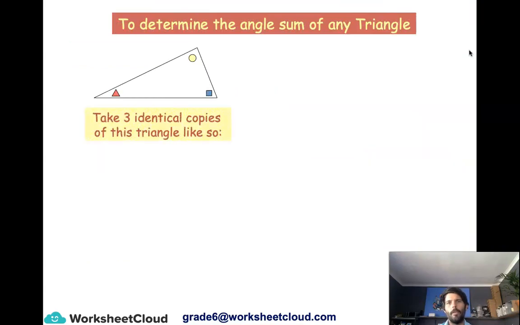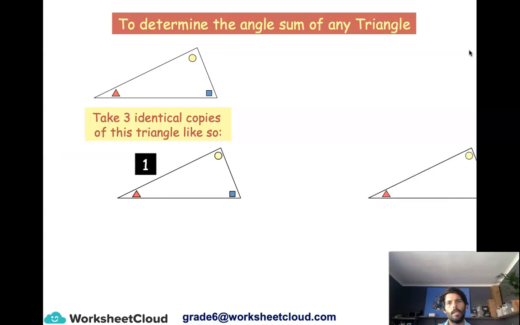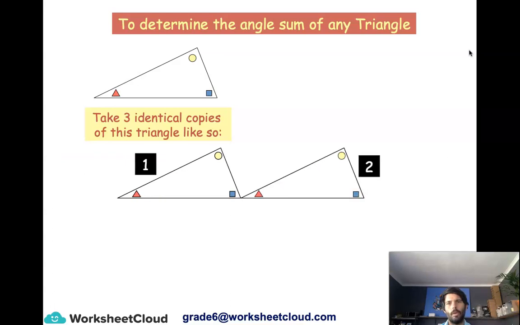And now the proof of why angles in a triangle add up to 180. If we take three identical triangles like the one at the top, we can piece them together like so. If you look at that top triangle, you've got a red triangle, a blue square, and a yellow circle, and we know the angles in a triangle should add up to 180.